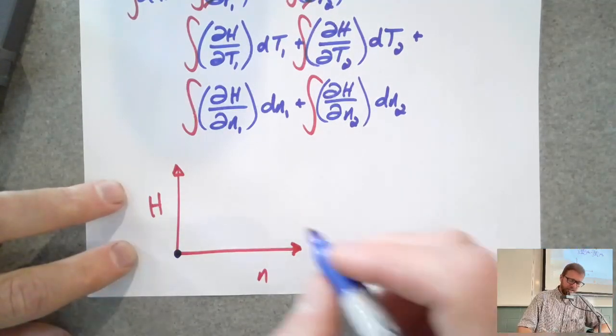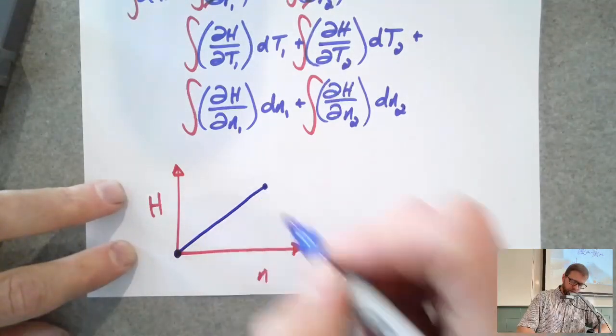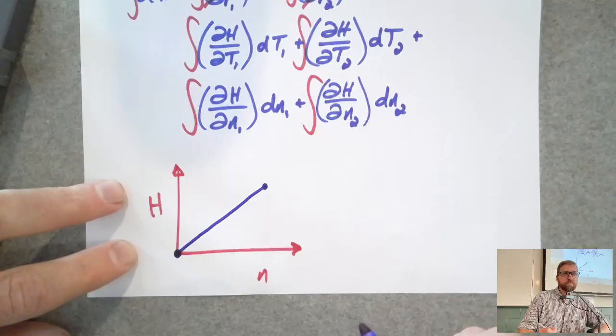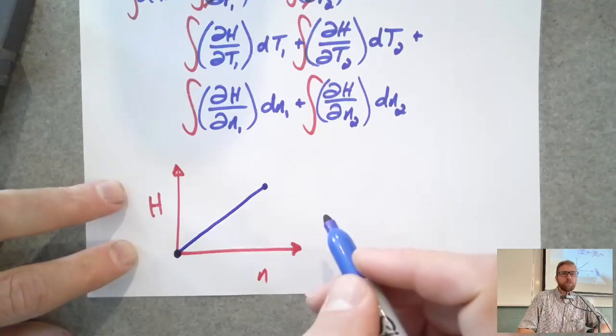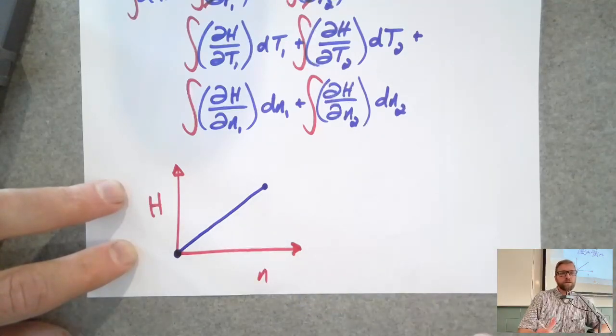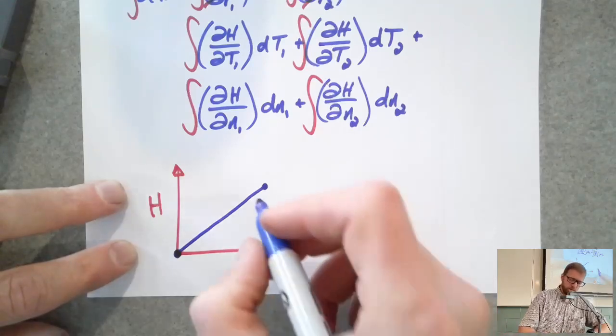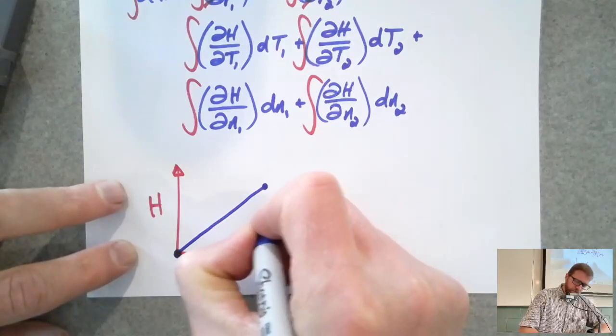And if I have some moles here, this is going to be a straight line, isn't it? Like if I double the number of moles, I double the enthalpy. If I triple the number of moles, I triple the enthalpy. Yeah, so it's the slope of this, right?